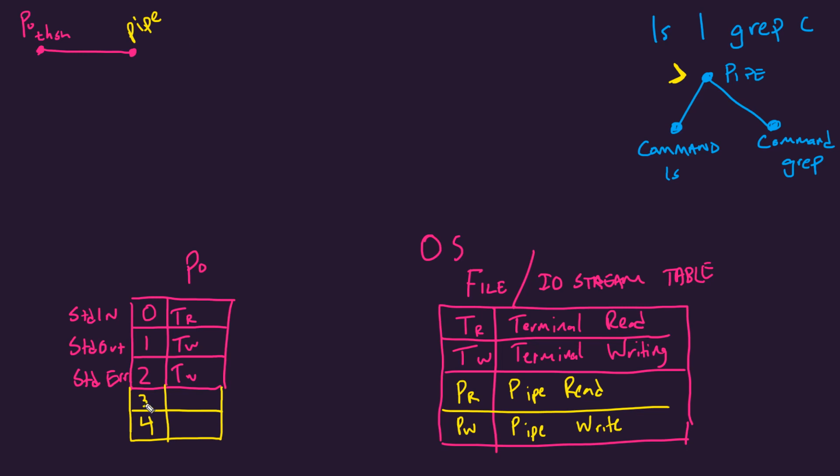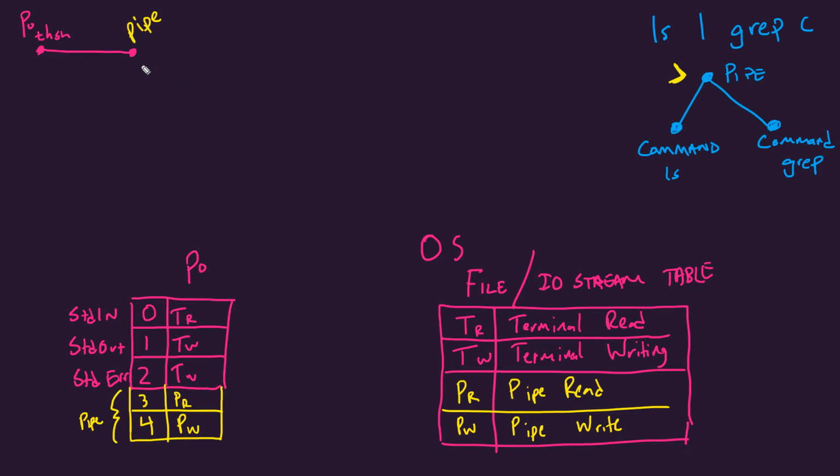They might not always be 3 and 4; if we were setting up multiple pipes, they certainly wouldn't be. But let's assume they're 3 and 4 for now, and 3 would get the pipe read end, I'll just do PR, and 4 would get the pipe write end. Now we have these two file descriptors, and if we were to write to 4 or read from 3, we would be reading and writing to this pipe in the operating system. We've made this connection, and maybe I'll just label these pipe.